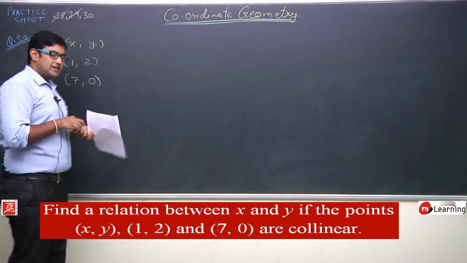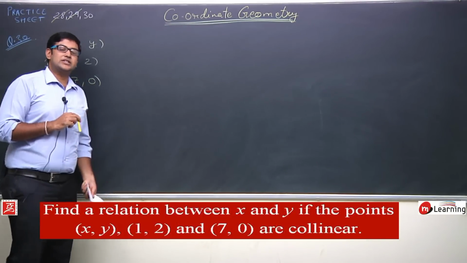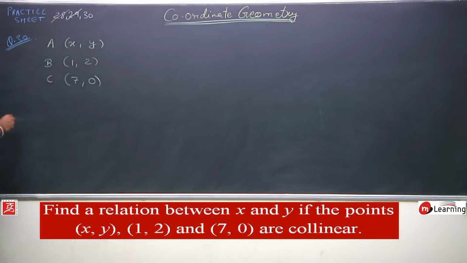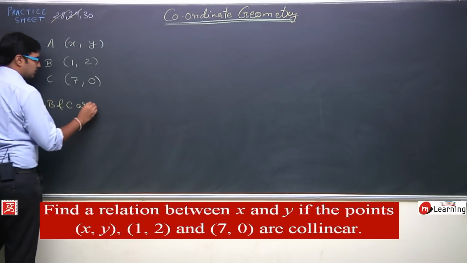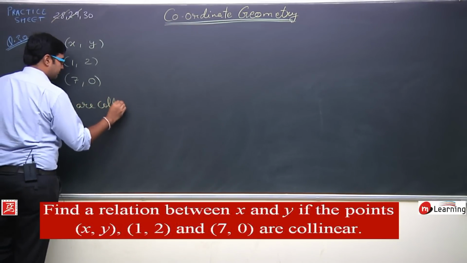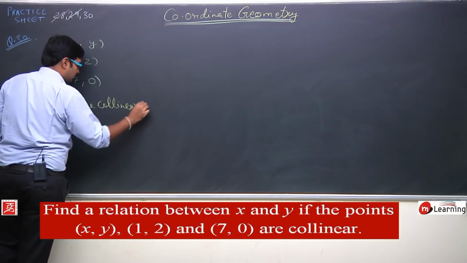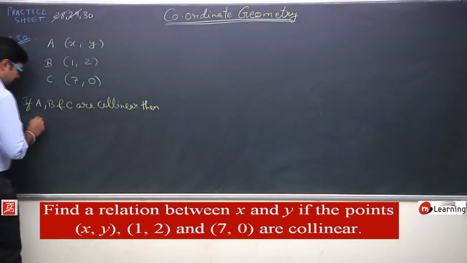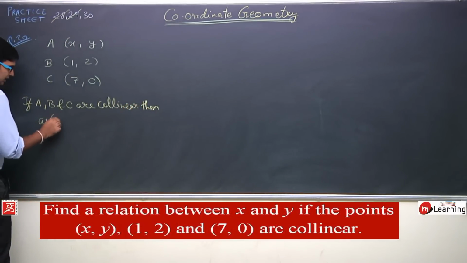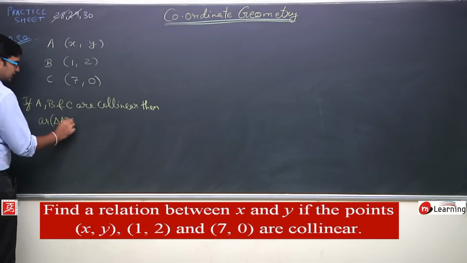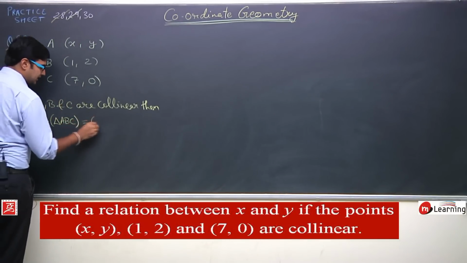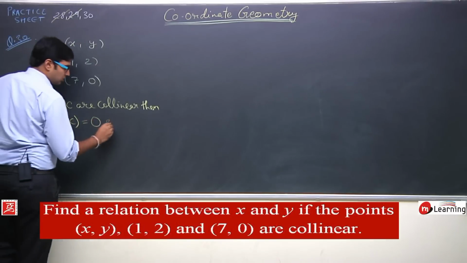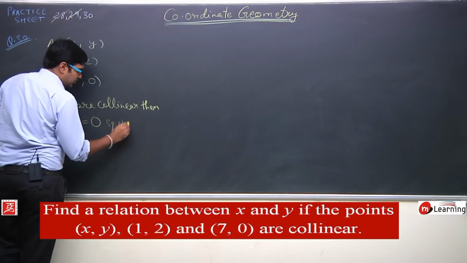Okay, so if I assume that these 3 points are collinear, what is the condition? If A, B and C are collinear, then the area of triangle ABC, the triangle formed by joining A, B and C, is equal to 0 square units.